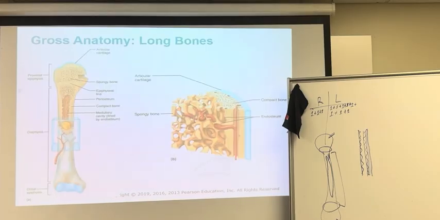So now we know all this, all the structure, right? I'm asking you, you have to tell me, on top of this blue part, what is the name of this blue part? Articular cartilage, made up of hyaline cartilage, right? And what is this part right here? Proximal epiphysis.